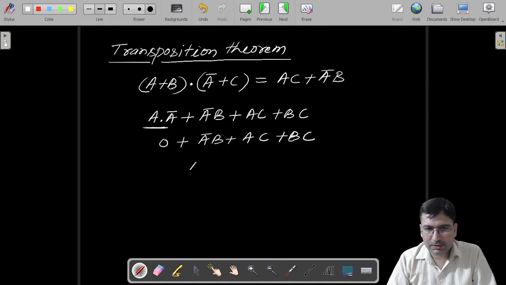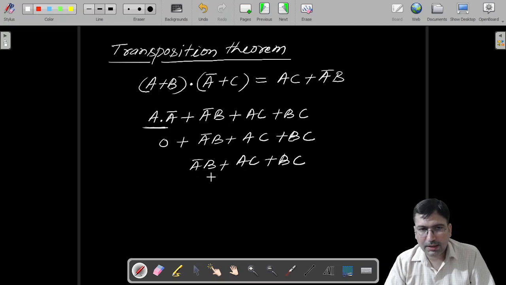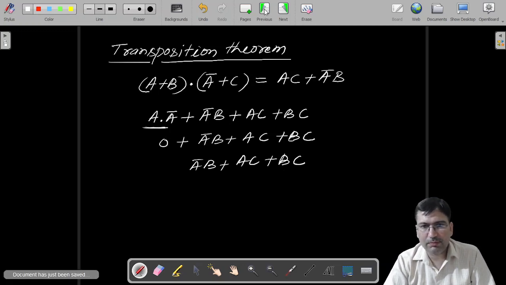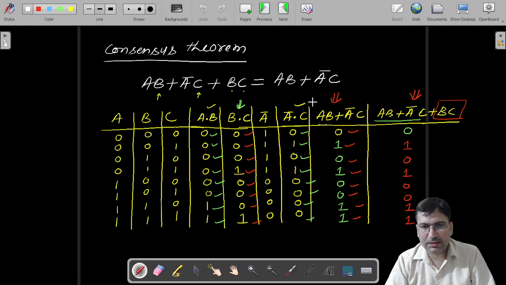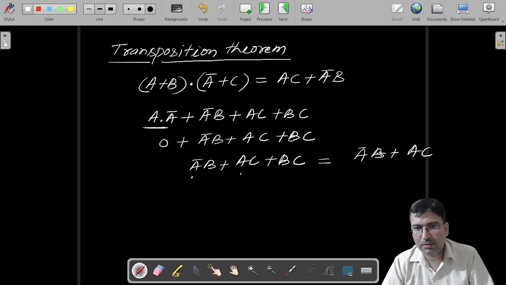So this will give us A bar B plus AC plus BC, and this is again the same theorem which we have seen, the consensus theorem. So this term becomes redundant if there is A and A bar along with two different variables. Similarly there's A and A bar along with B and C, so this B and C is becoming redundant. So directly you can write A bar B plus AC.